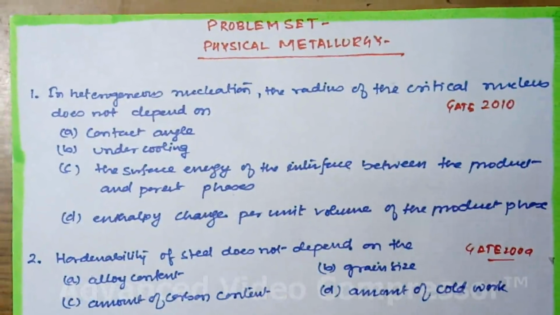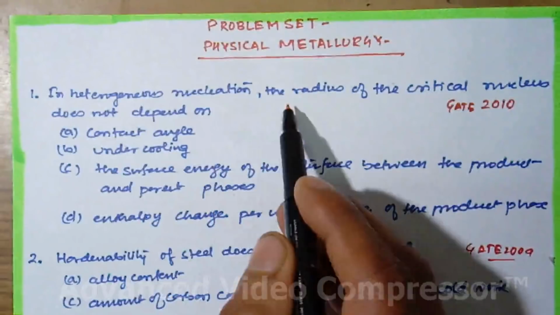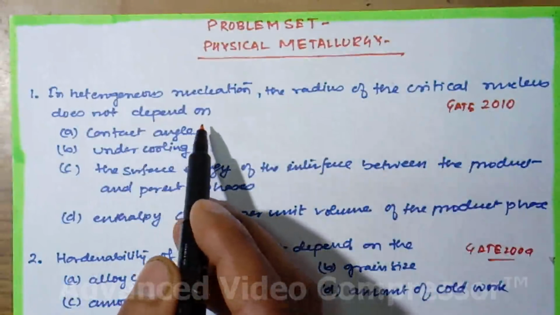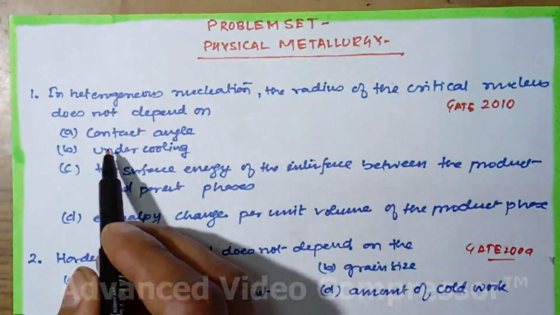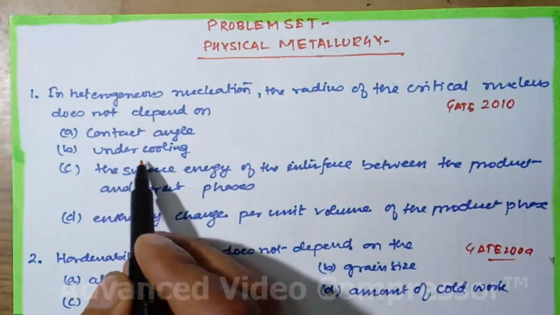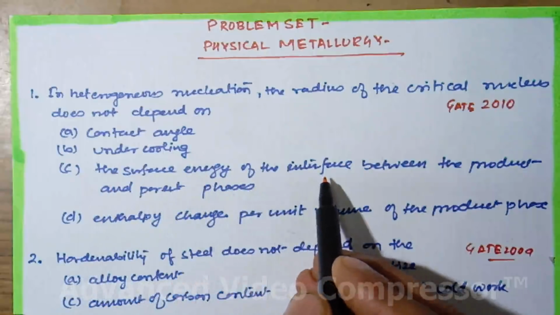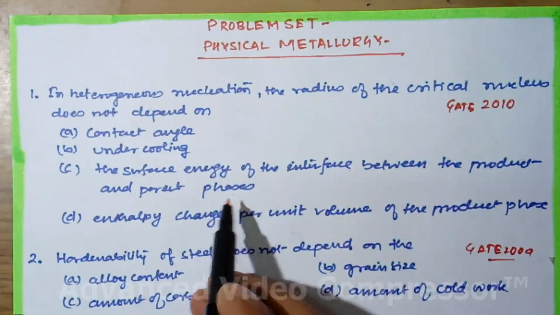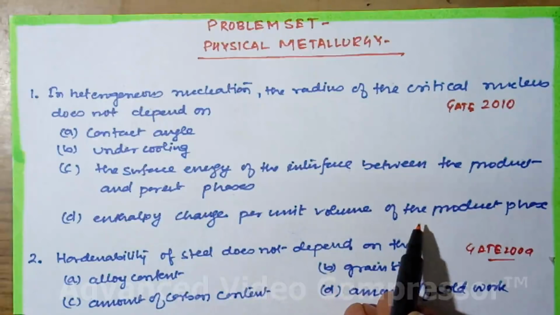The first question is: in heterogeneous nucleation, the radius of the critical nucleus does not depend on. The options are: contact angle, undercooling, the surface energy of the interface between the product and parent phases, enthalpy change per unit volume of the product phase.